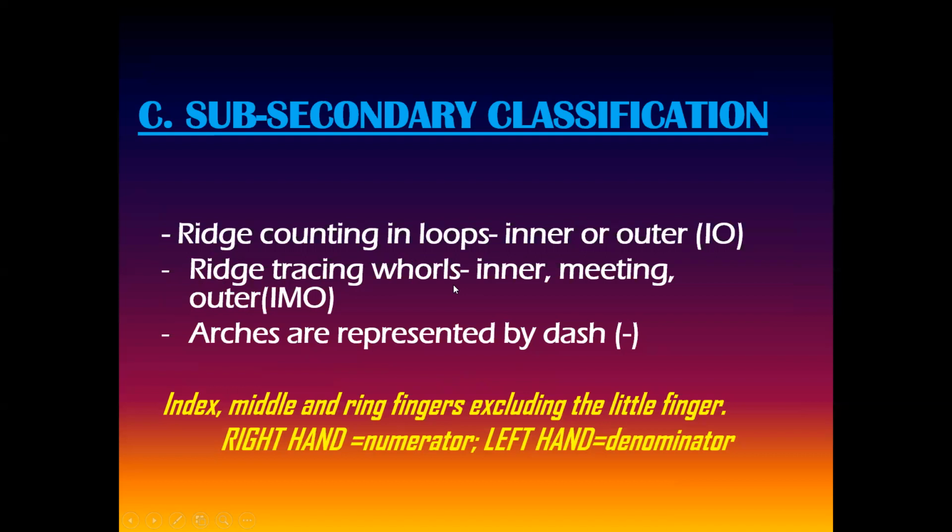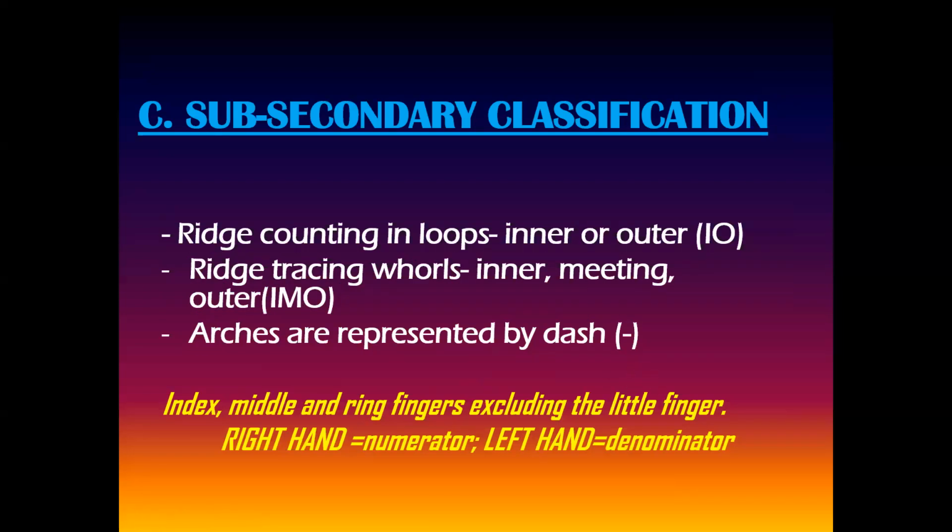For ridge tracing, we could automatically identify their corresponding symbol, whether they are inner, meeting, or outer. Please refer to the previous discussion. Arches, on the other hand, as we have made mention, have no corresponding value for that matter. So we will just be using dash to represent them.